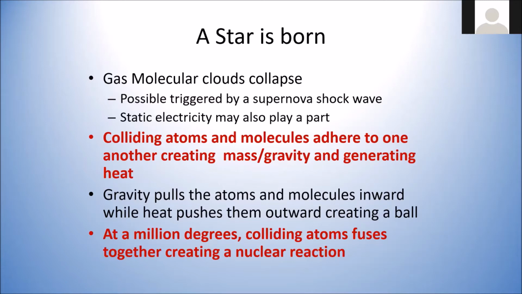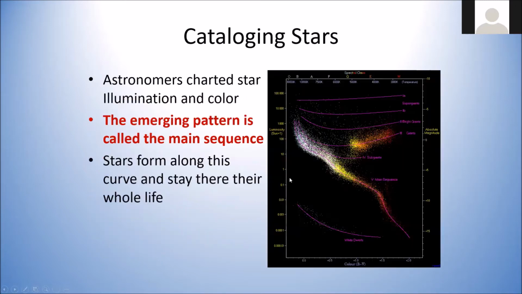Realizing that this collision has energy, the energy is absorbed and comes out as heat. So gravity keeps pulling the atoms and molecules inward, while heat pushes them outward, creating a ball shape. This heat keeps building and building, and as the heat gets up to 1,000,000 degrees, colliding atoms fuse together, creating a nuclear reaction. This is an H-bomb, or hydrogen fusion.